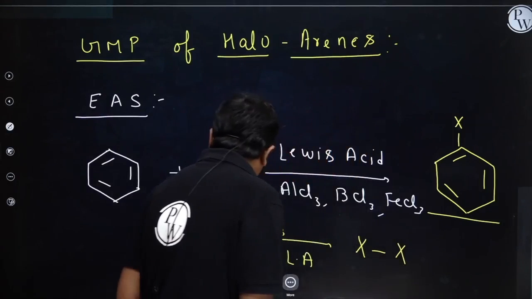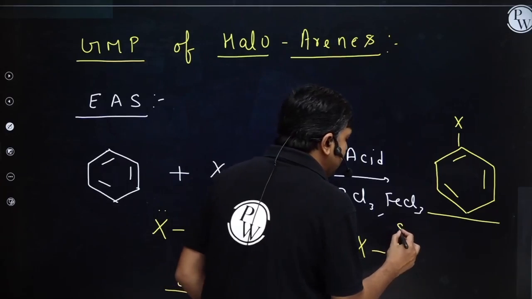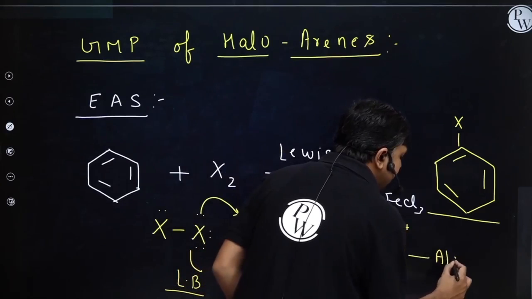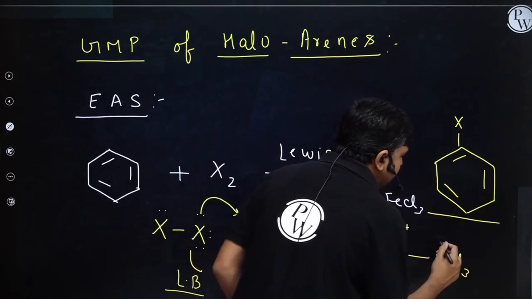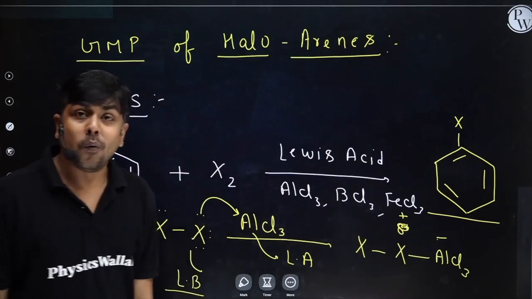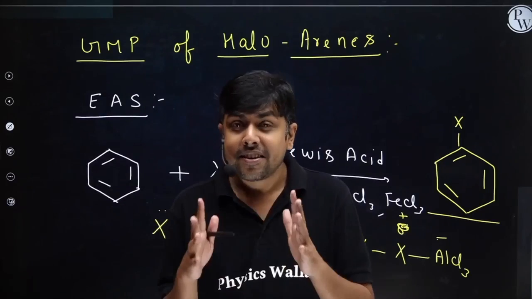Since one of the halogens has donated its lone pair, it is going to get a delta positive, and this is bonded to AlCl3, which will now get negative. Let's put the positive charge here directly. Now, is a positive charge on a highly electronegative element stable?